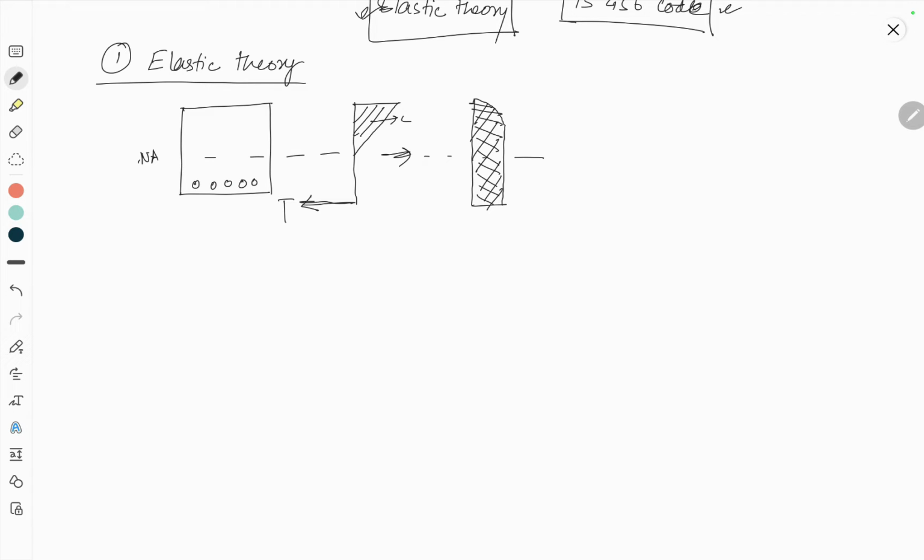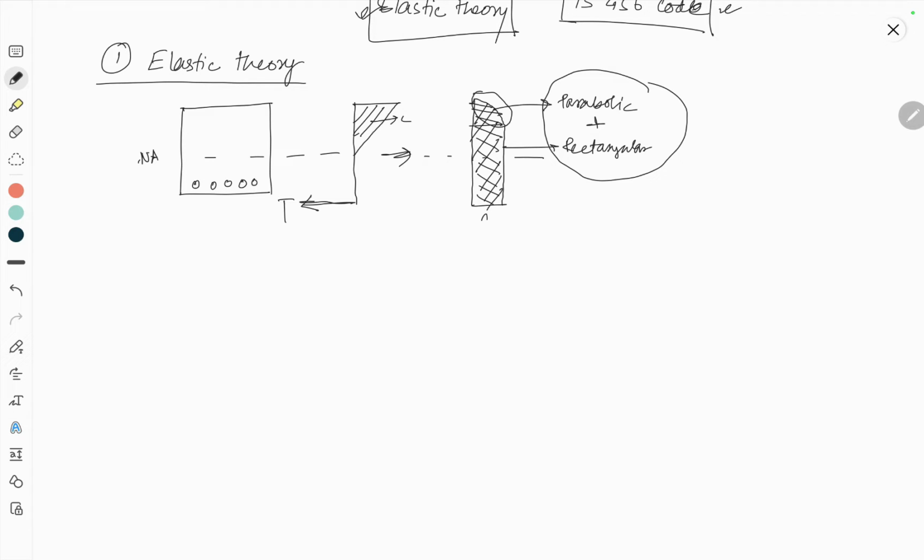So first let us understand the elastic theory. From this particular point it is parabolic as per elastic theory, and from this part it is rectangular. So the shear stress diagram is a combination of parabolic and rectangular.